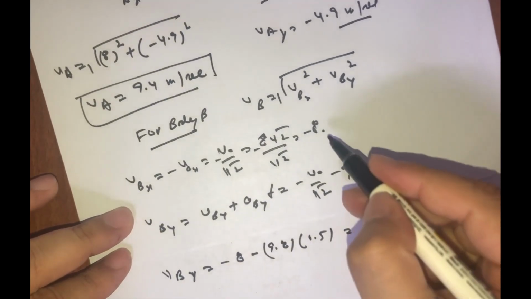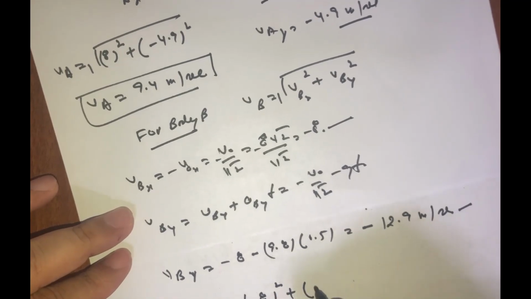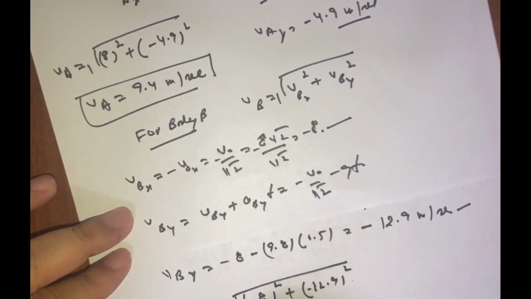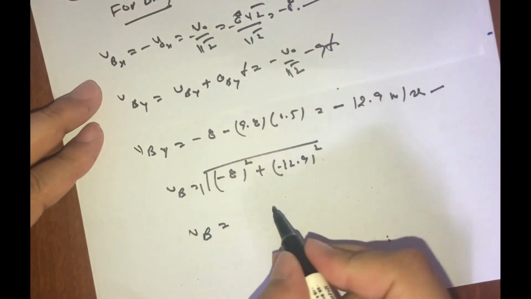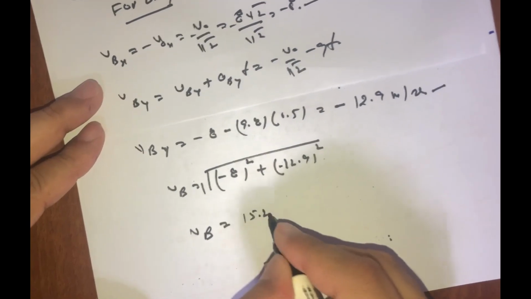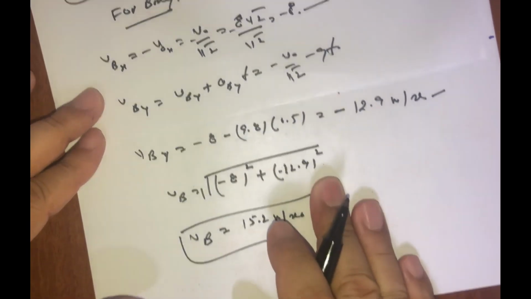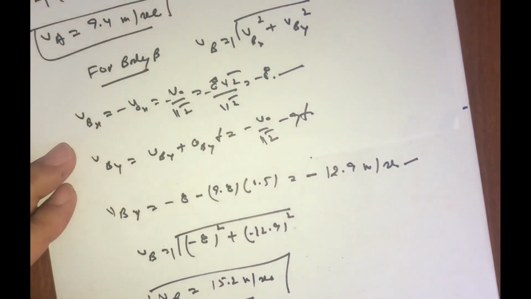So we know VBX as well as VBY. So velocity VB will be equal to the square root of minus 8 squared plus minus 12.9 squared, and VB can be finally written as 15.2 meter per second. So these are VA as well as VB, that is the velocity at point P, the collision point.